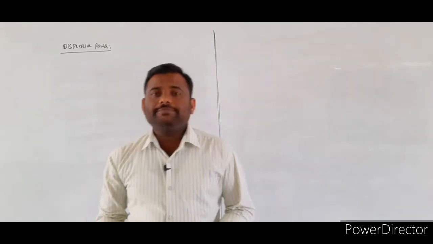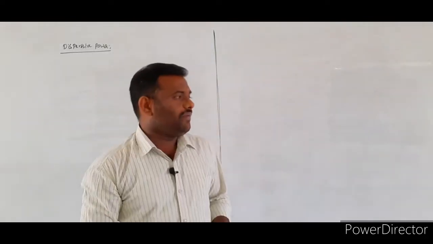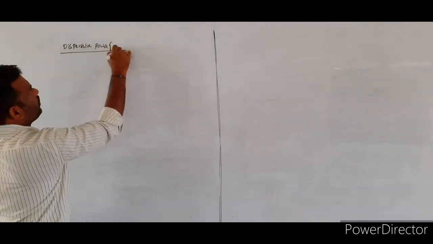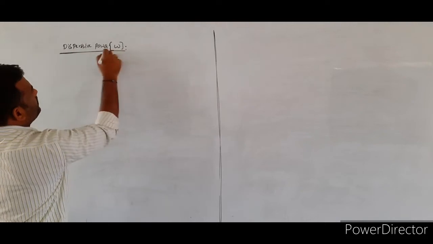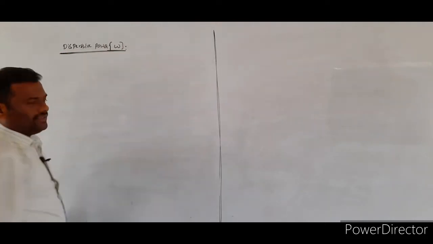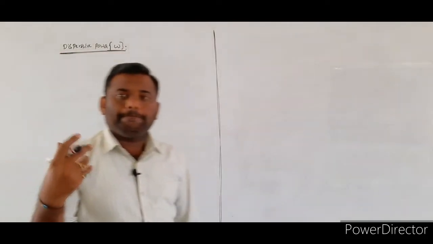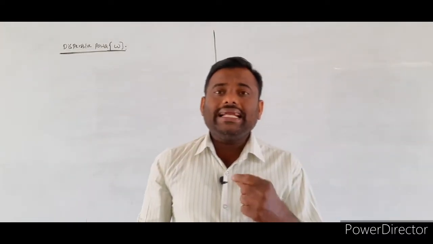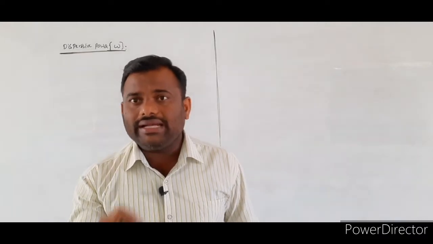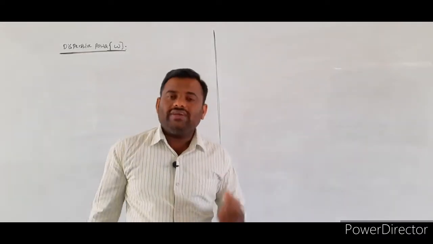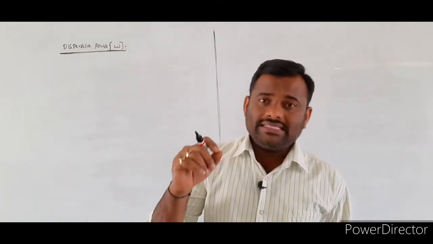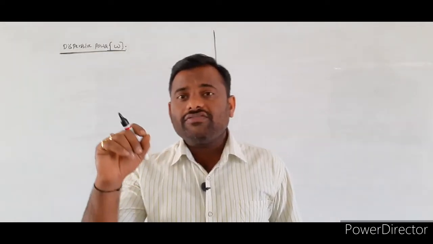Next concept, dispersive power. This is indicated with the symbol omega. What is dispersive power? Power means it gives the ability of the prism. So how can we define the dispersive power?